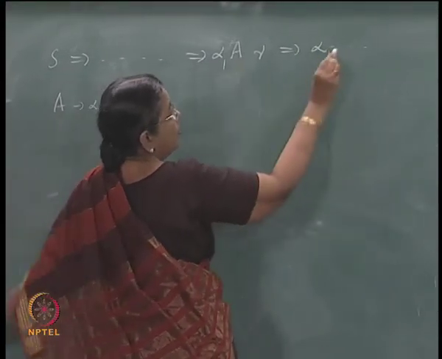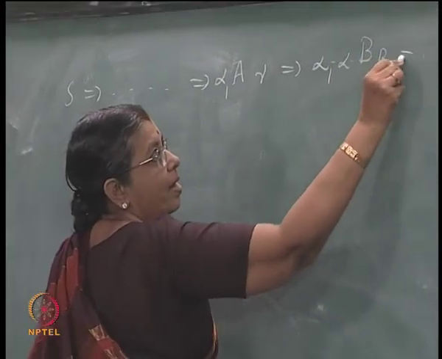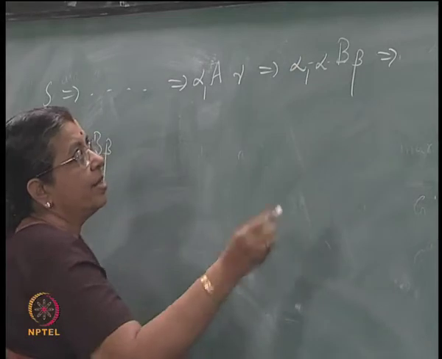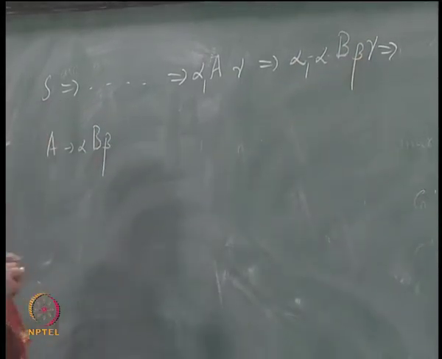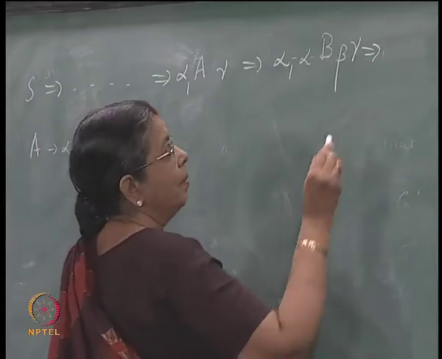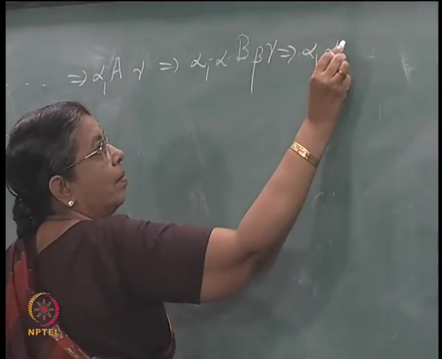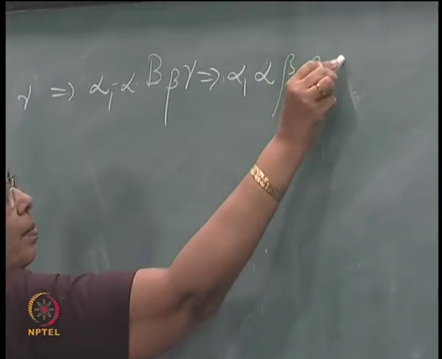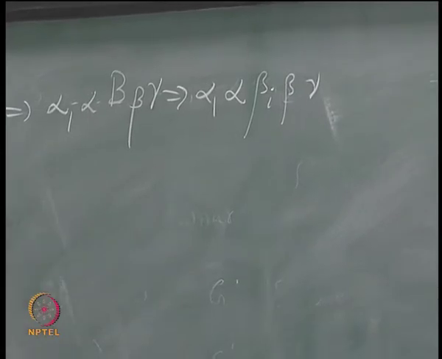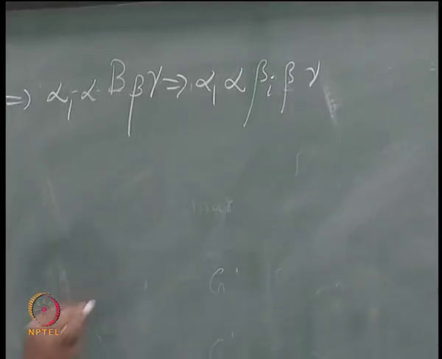So, A goes to alpha B beta I apply and gamma will be there, and in the next step B will be replaced by some beta i, giving alpha 1 alpha beta i beta gamma. Then the derivation proceeds.